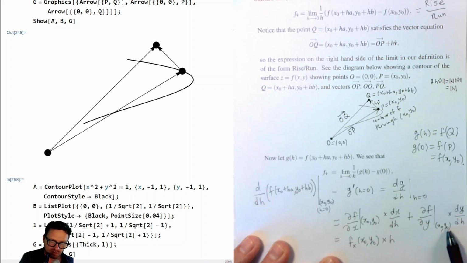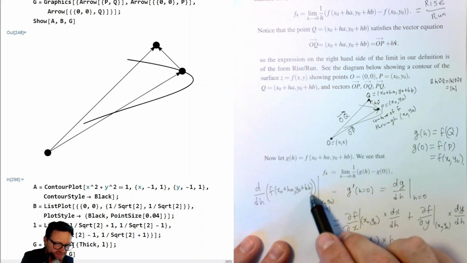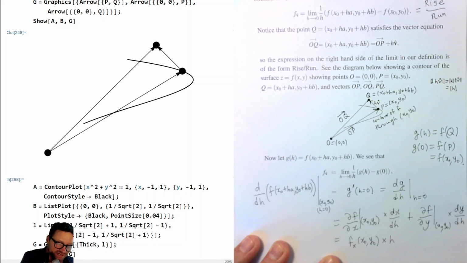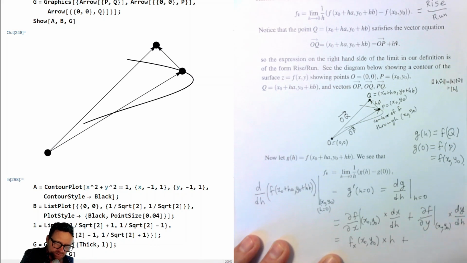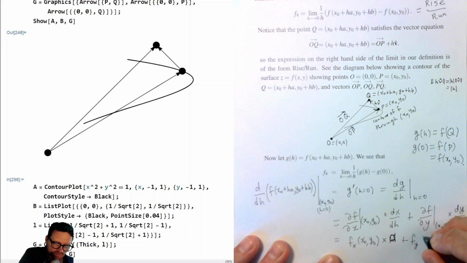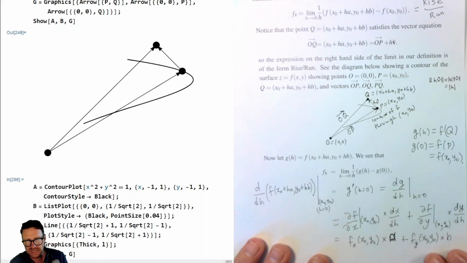Similarly for this one, the derivative of y0 plus hb with respect to h is b. So we can write this as f subscript y at x0, y0, multiplied by b. Okay, now we're getting somewhere.